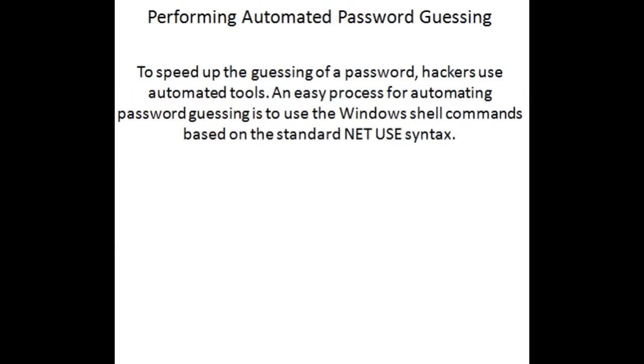Performing automated password guessing. To speed up the guessing of a password, hackers use automated tools. An easy process for automating password guessing is to use the Windows shell commands based on the standard net use syntax. To create a simple automated password guessing script, perform the following steps. Number 1. Create a simple username and password file using Windows Notepad.